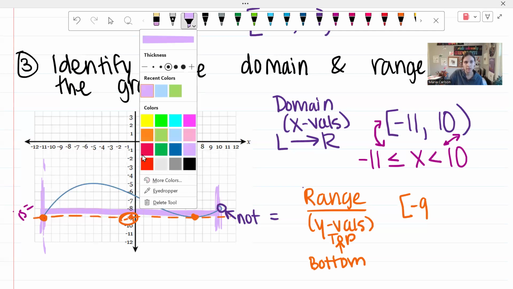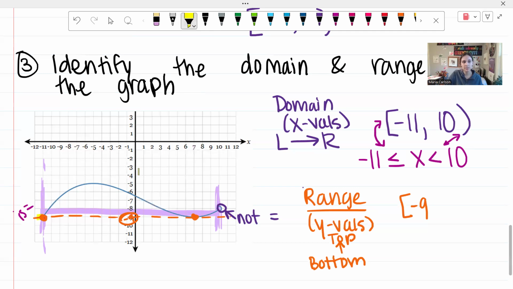It starts at -9, and then it goes up to the tallest point, which isn't that far away, at -5, right? The tallest point on our graph has a height of -5. So our range is from -9 to -5, and it is actually equal to both of those values, right? This is a closed-in point, and it is equal to here.